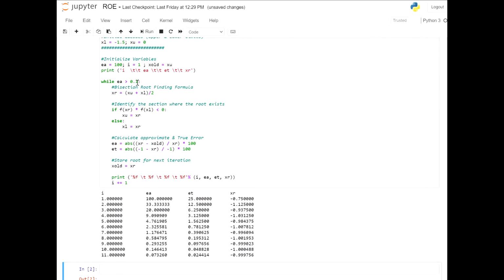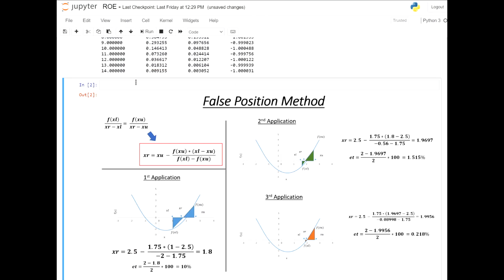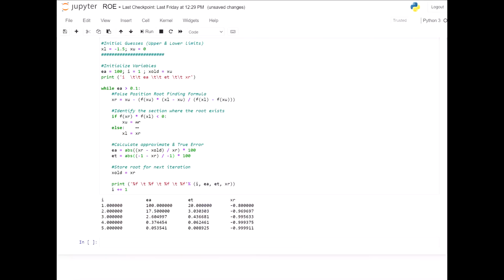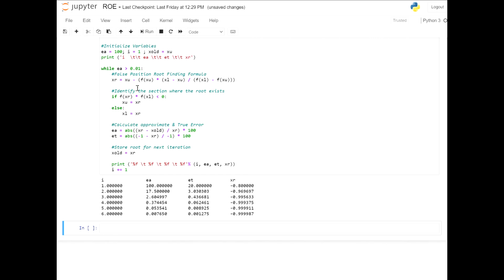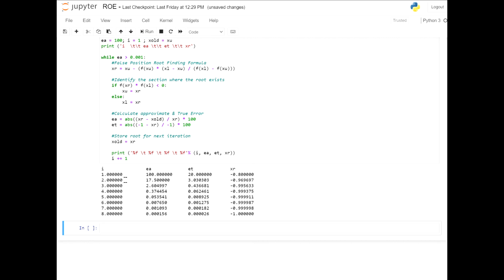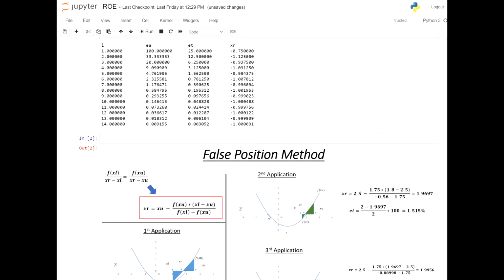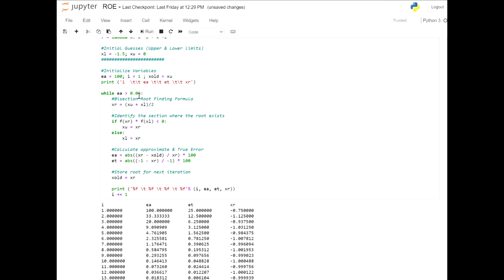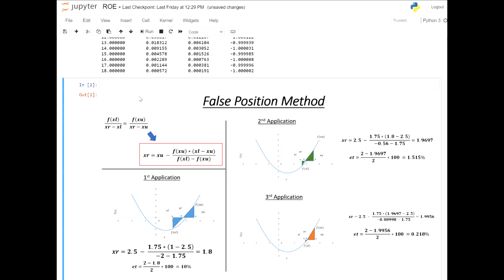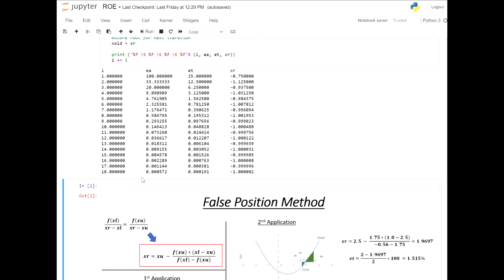If I do 0.01, this takes 14 different iterations, and this one takes 6 different iterations, and this one probably will take 7 to get below 0.001. So actually it took 8, and you can see it's almost exactly -1. And if I go to 0.001 up here, 18 different iterations to get below 0.001, and you can see here -1 for the root.